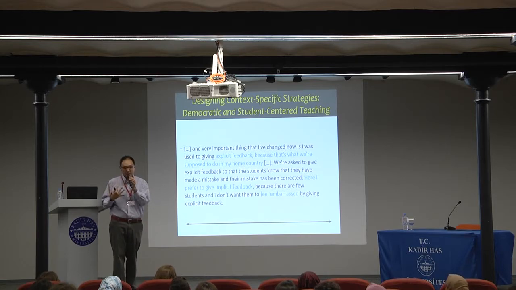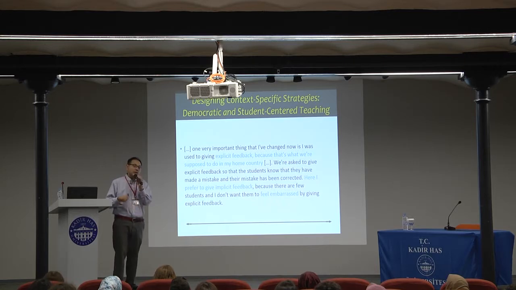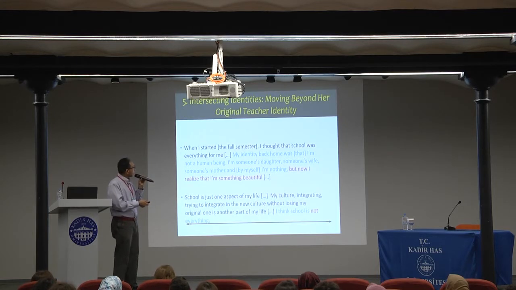They didn't mind being corrected by their teacher. But in the US, she found that she preferred to give implicit feedback so that she wouldn't embarrass her students. So there were things she had to negotiate as a result of the different teaching contexts. And finally, she learned to balance her different identities.